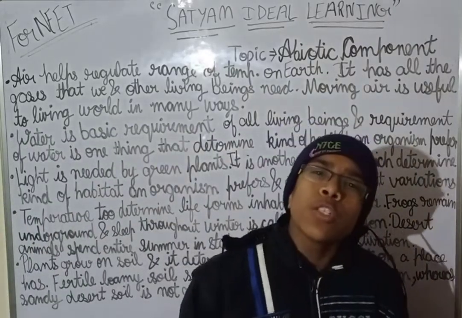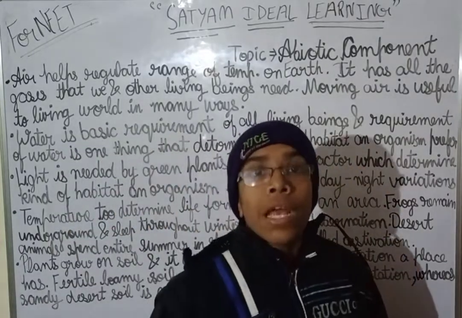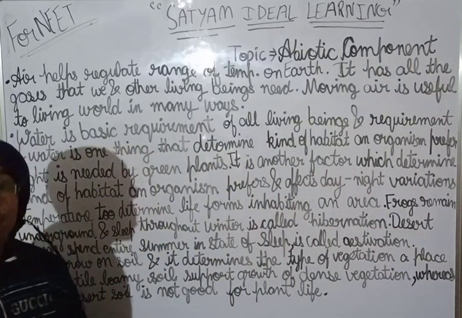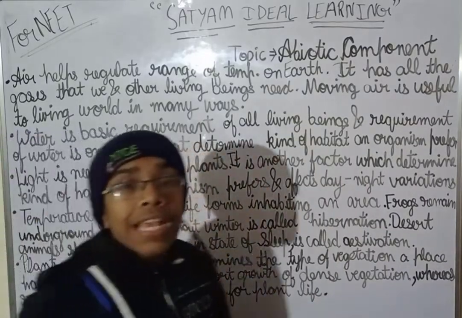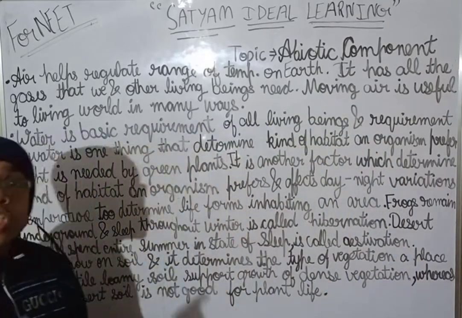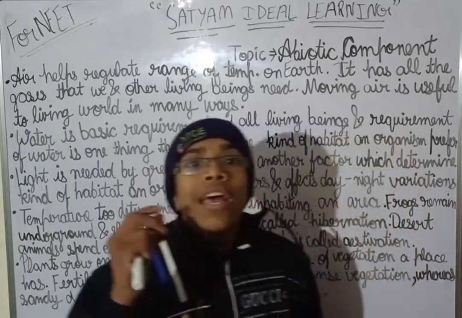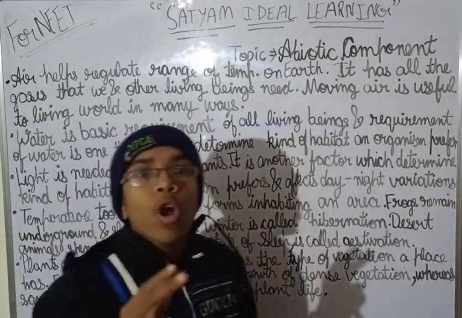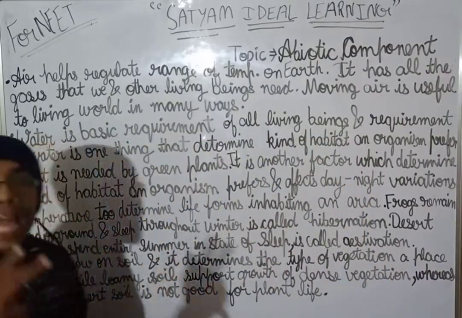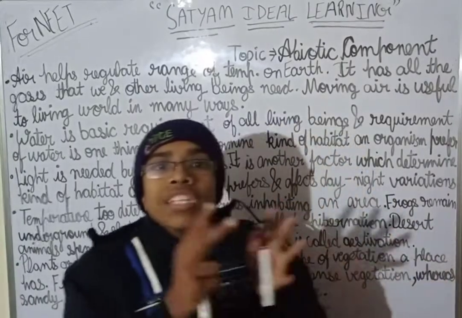And the plant also uses nitrogen. But how is the plant using it? There are some bacteria like rhizobium. Rhizobium are found in the nodules of leguminous plants like pea and gram. Rhizobium helps in the conversion of nitrogen into nitrogen compounds.